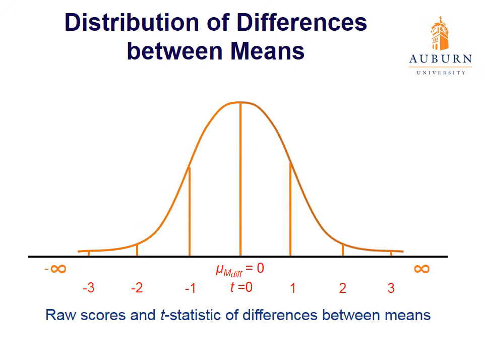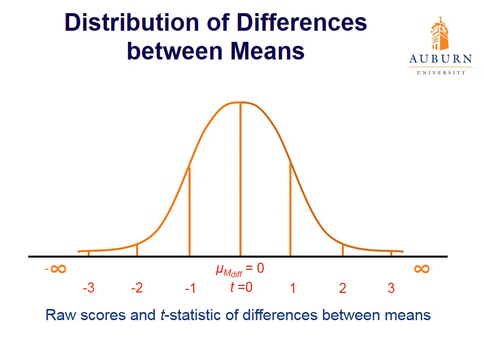When we draw out our distribution, here's what it looks like. And you'll notice it looks like our other t distributions: it's bell-shaped, it's a normal distribution, it's unimodal, it's symmetrical. It also extends to infinity in both the positive and the negative direction. And you'll note that the difference between the means is centered at 0. Mu sub M diff equals 0.